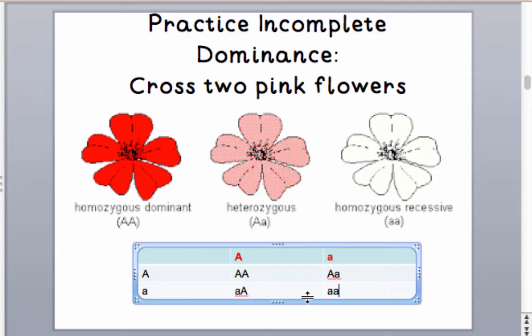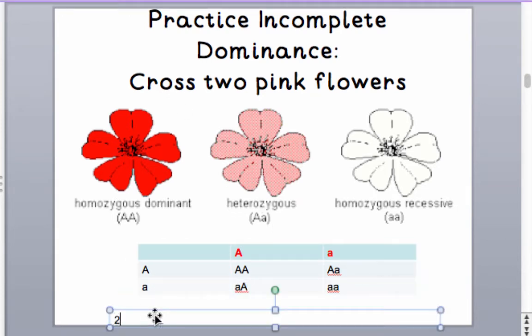So now look that we have an interesting mixture. We have 25% that will be homozygous dominant or red, 25% that will be homozygous recessive or white, and 25 plus 25, 50% of uppercase A, lowercase a that will be pink. It doesn't matter that this one has a different order than this one because the genes are the same.